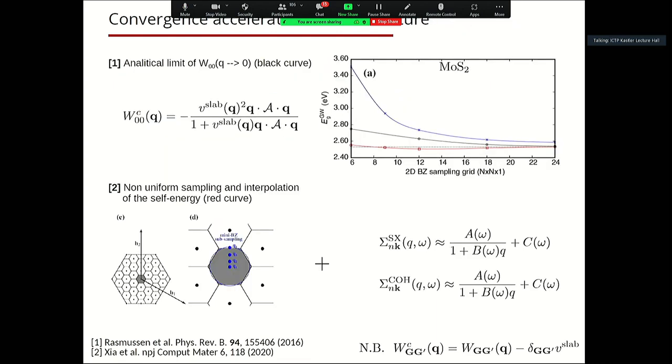Thus, in order to accelerate the convergence of these quasi-particle properties with respect to the Brillouin zone sampling, some attempts have been made in the literature.